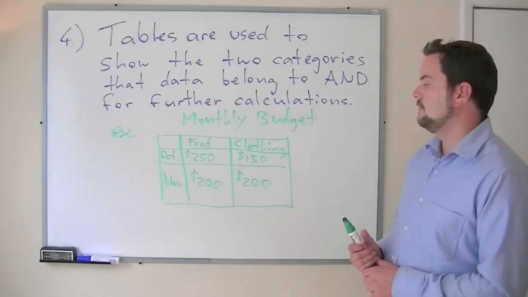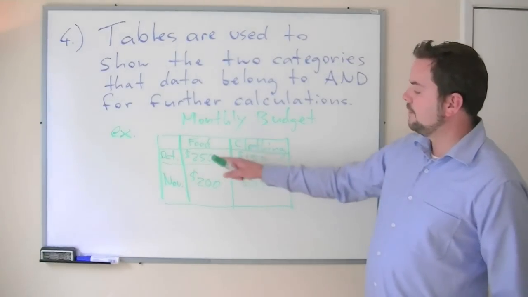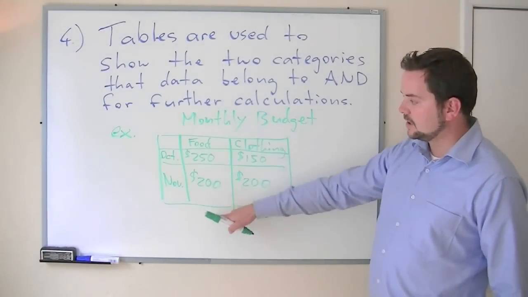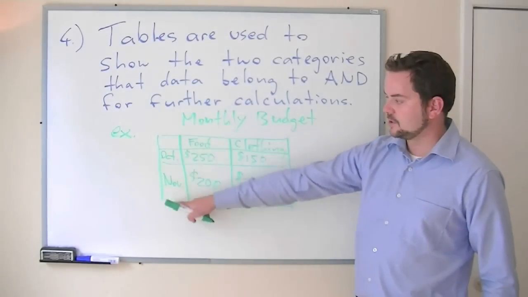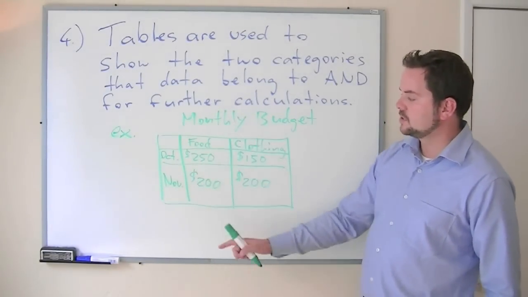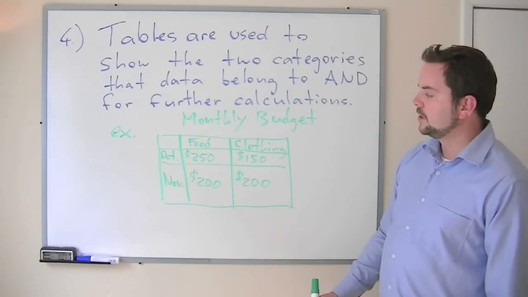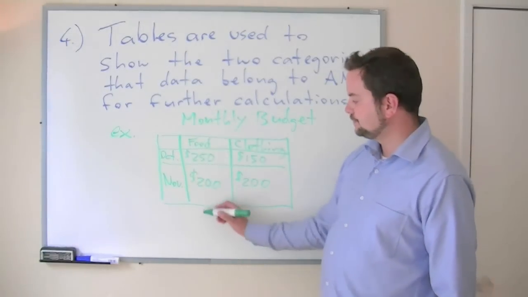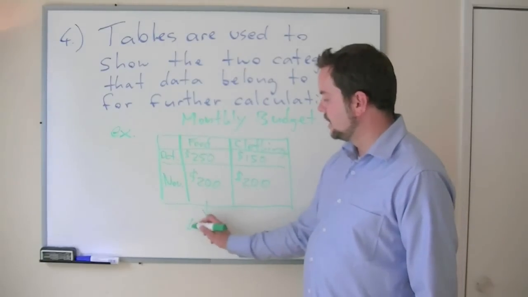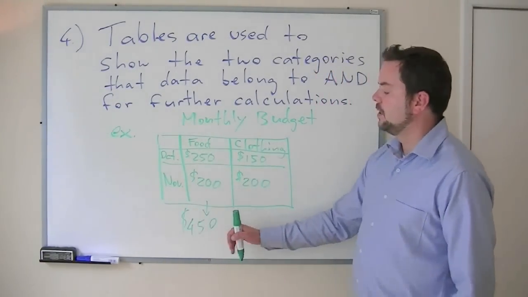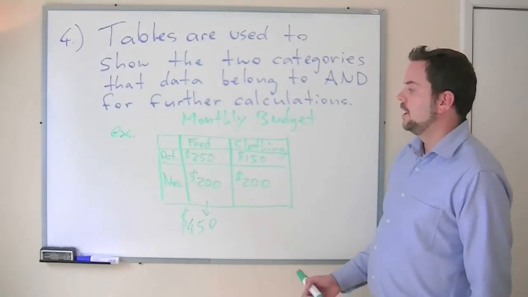So I'll give you an example of that by summing, or adding together, the second column. Pay attention, this is the first column. This is the second column. So by adding together the second column, we learn that in these 2 months, $450 was spent on food.